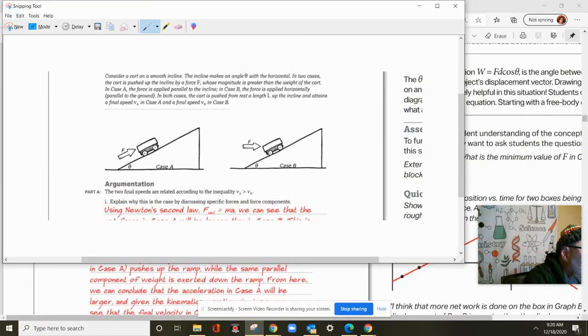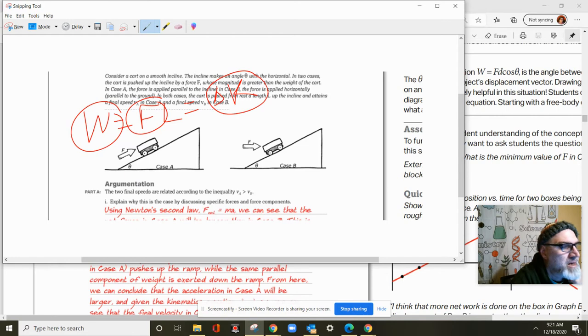This cart here, we have work equal to force times the distance up the ramp, which is L. All of the force, right? And so that's equal to the change in kinetic energy. So we have this amount of work caused by this amount of force changing this kinetic energy, giving it a velocity, VA. Here, the work is equal to just a component of the force, right?